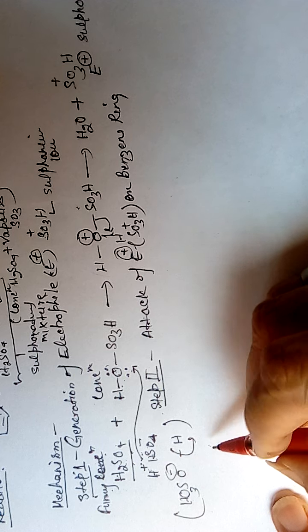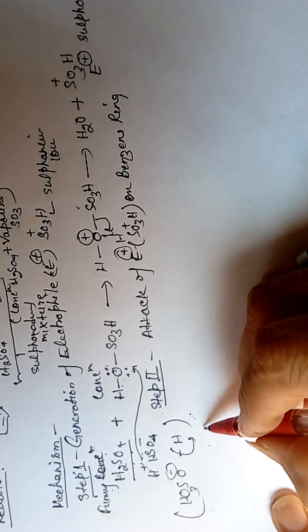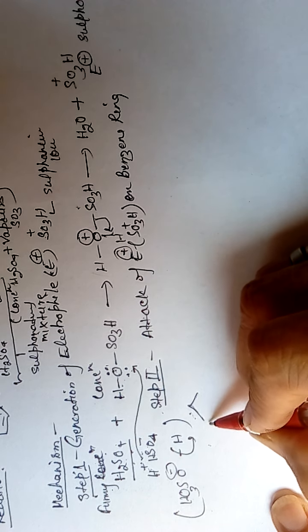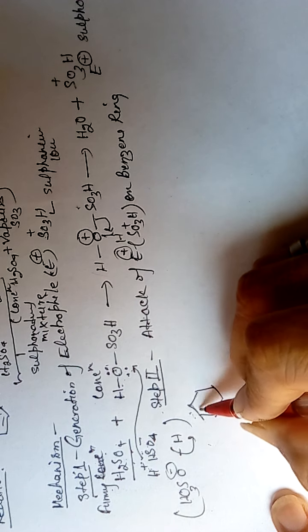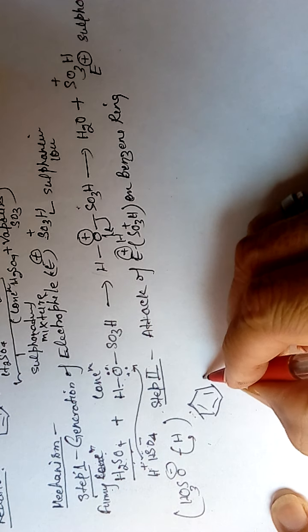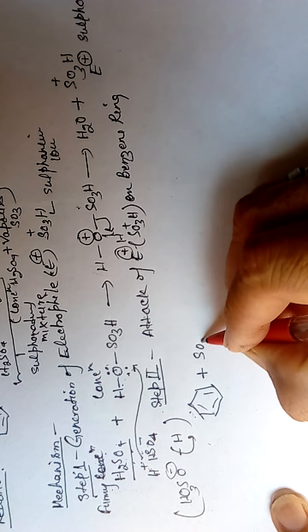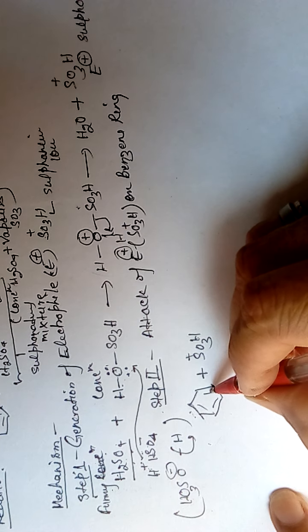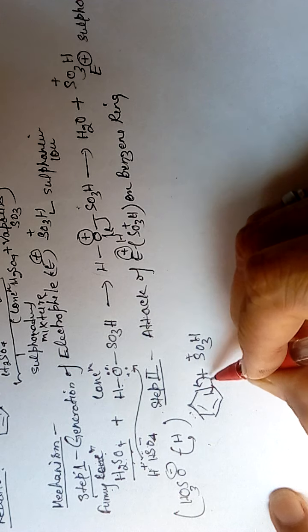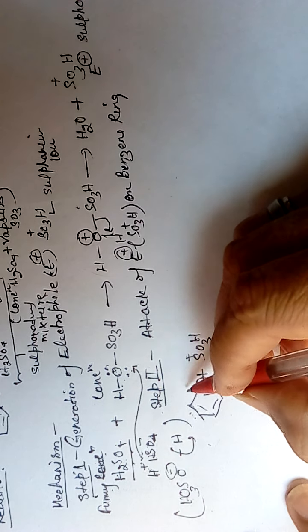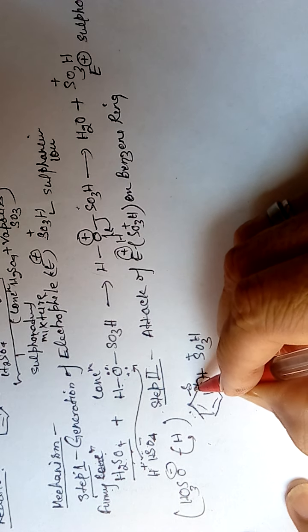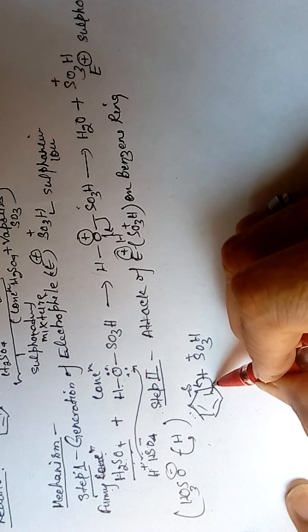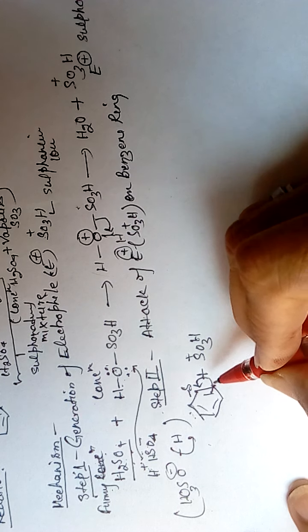When SO3H plus comes in contact with benzene, the pi electrons shift from here, and this carbon gets a negative charge and this carbon gets a positive charge.